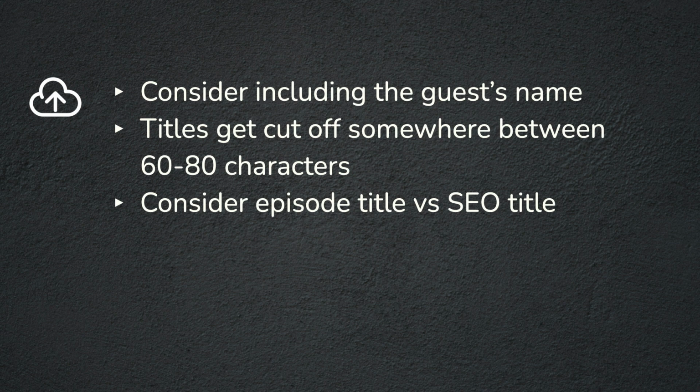If you're doing it on WordPress or Ghost, then you're creating your own webpage manually anyway, so of course you can do that there. And so it could be a more optimized title than you might have for the actual episode itself as it appears in a podcast player.